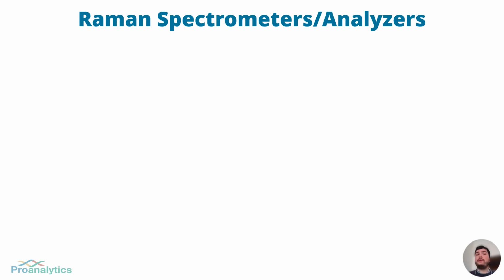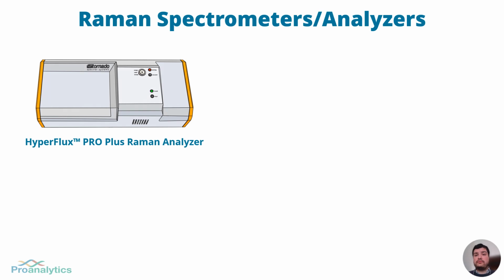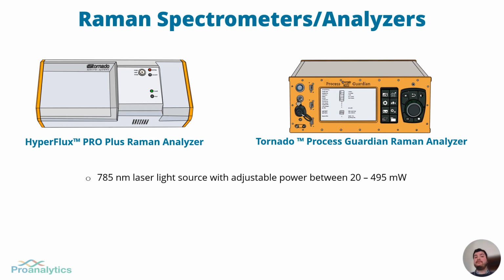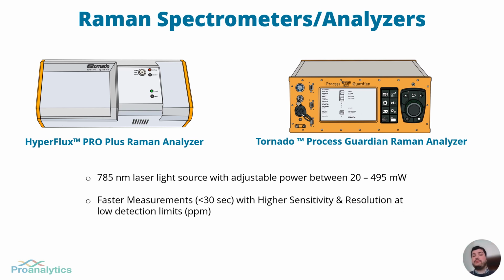Now let's talk about the Raman analyzer options from Tornado. You see the two main options on the screen. Both of them have a 785 nanometer laser light source with adjustable power between 20 to 495 milliwatts. Both of them provide fast measurements under 30 seconds with high sensitivity and resolution at low detection limits.